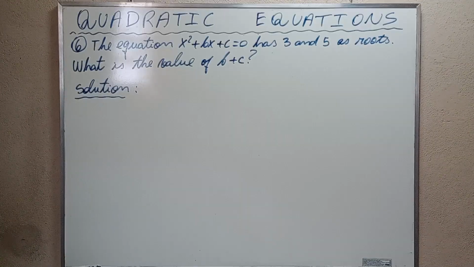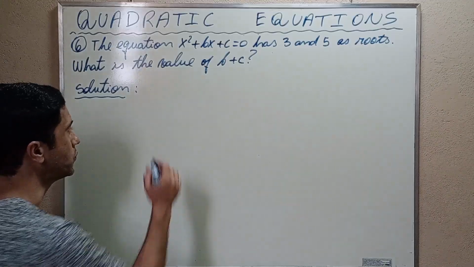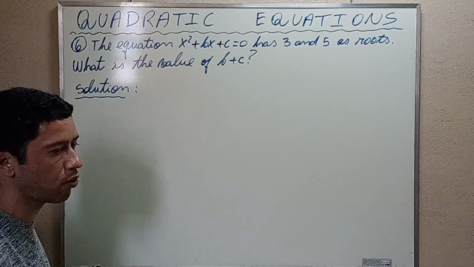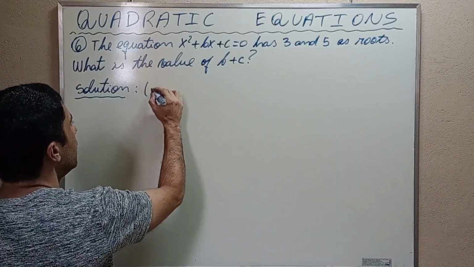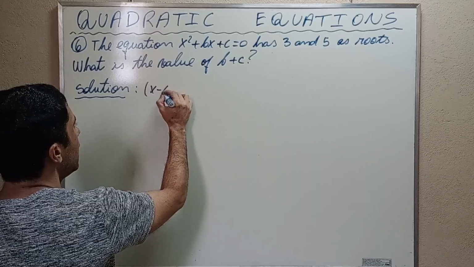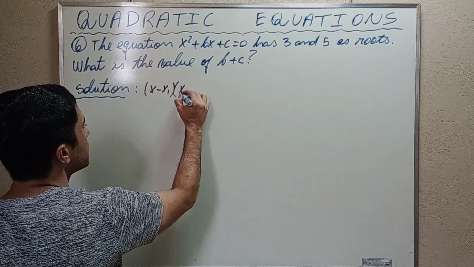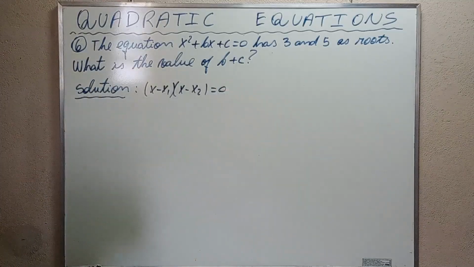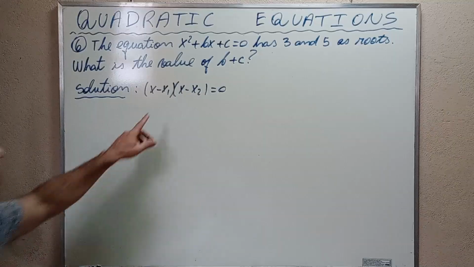Observe that if 3 and 5 are roots, then the equation can be written as, alright, for any quadratic equation, x minus x1 times x minus x2 equal to 0 will produce the original equation.